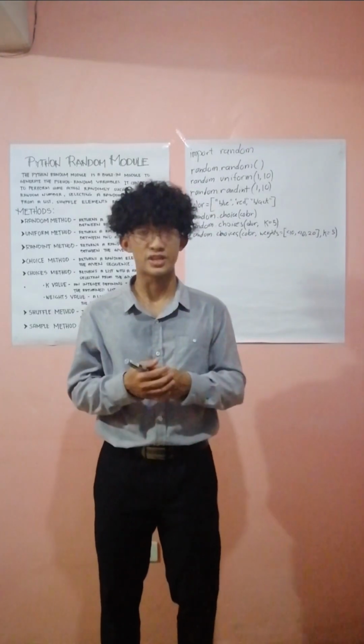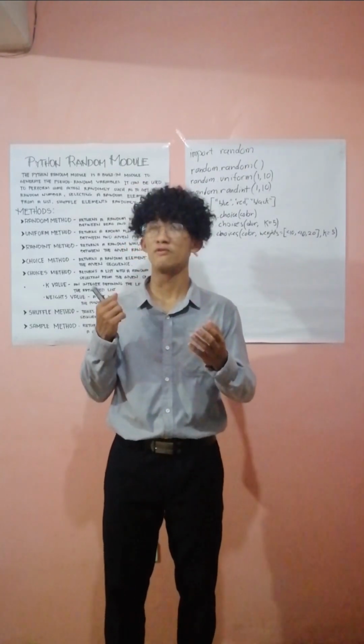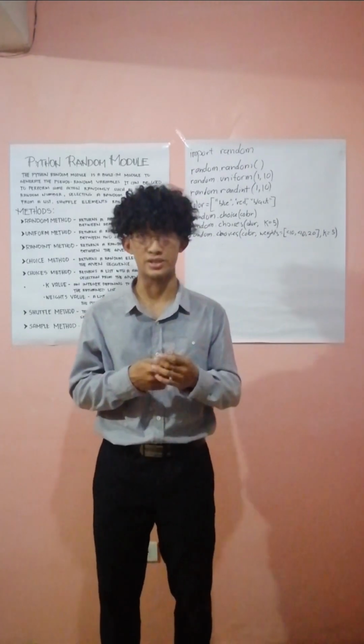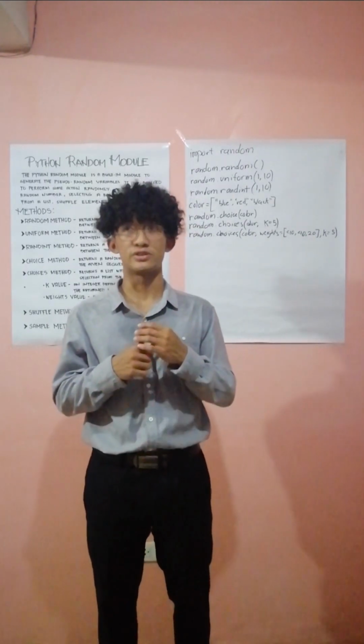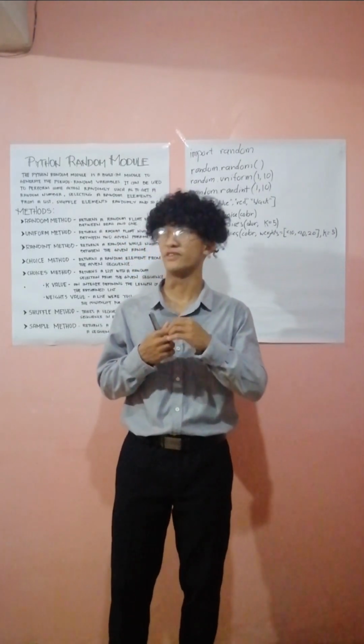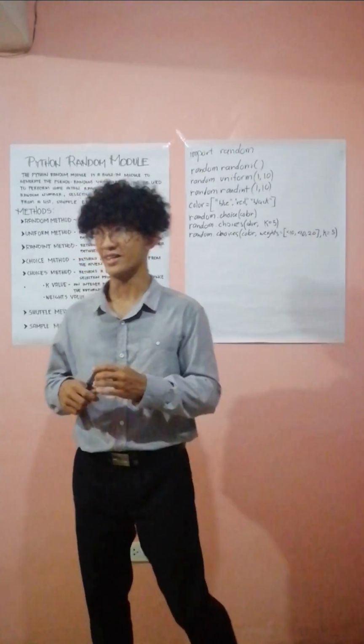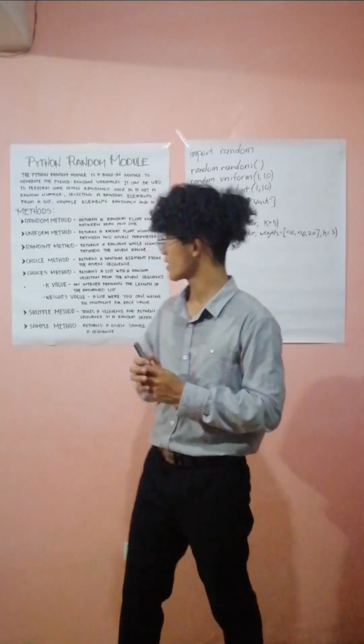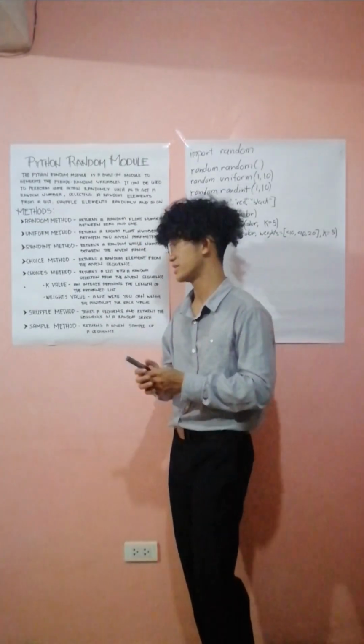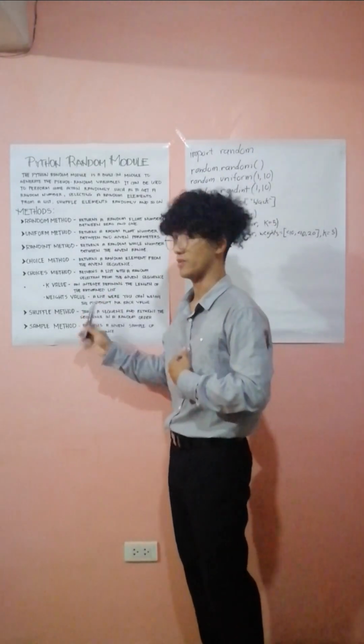In a deck of cards there are 52 cards, from ace to king, in different types like heart, diamond, spade, and club, and it is arranged 1 to 52, right? So if you want to shuffle the cards, you can use the shuffle method.